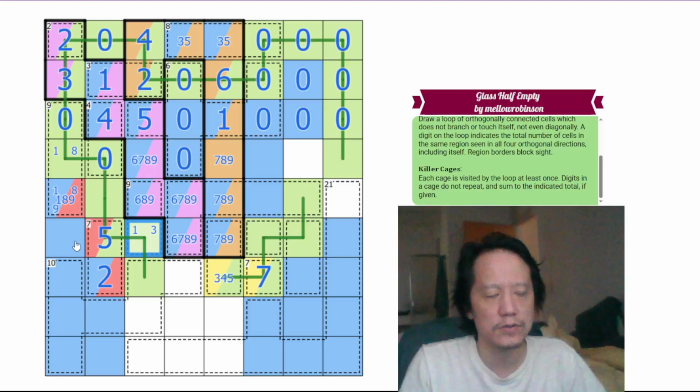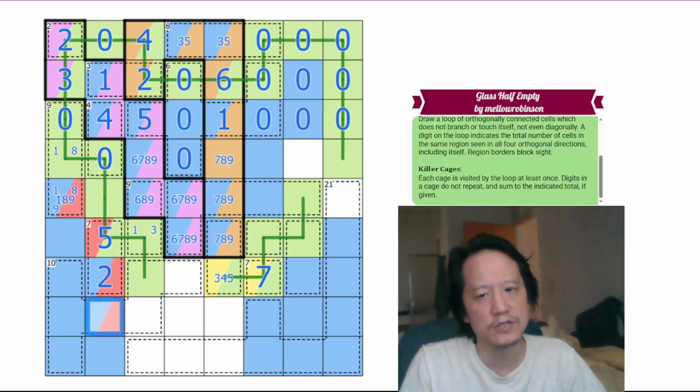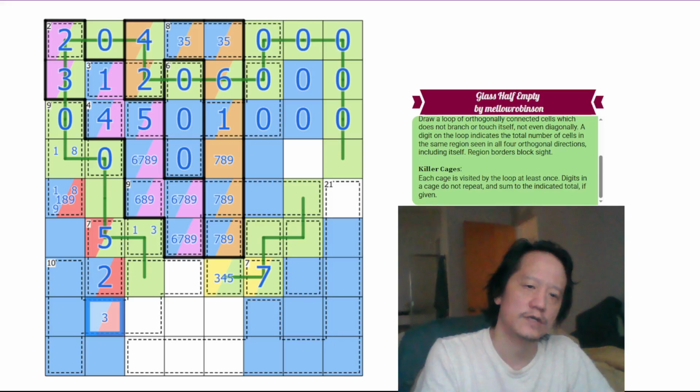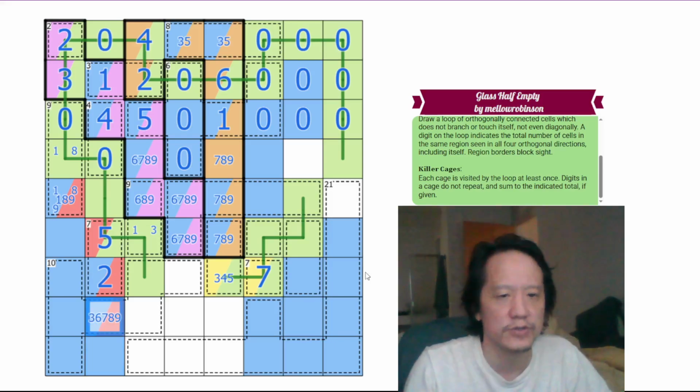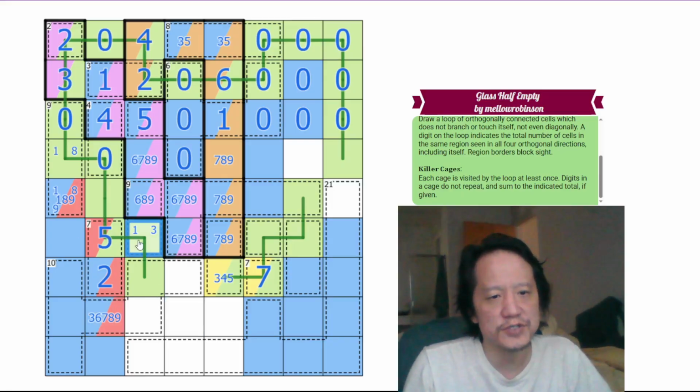So either this is in the region, which forces this to be 6, and then all of these are in the region, or this is in the region, which means that can't be in the region, which means this is guaranteed to be at least in the region, either way. Okay, so this is 3, 6, 7, 8, and 9 as possibilities. So if this is in the region, it means these two are in the region. This would then have to see an exact amount.